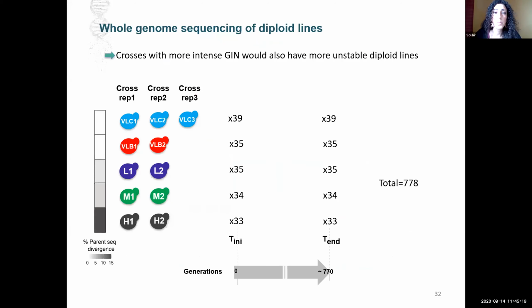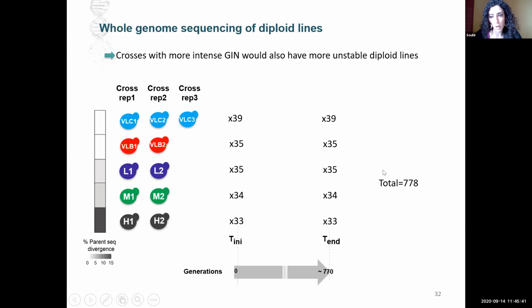To test this hypothesis, we sequenced the genome of lines from the three different hybrid types and from the intralineage crosses VLC and VLB. So we sequenced 33 to 39 independent diploid lines soon after mating and at the end of the experiment.